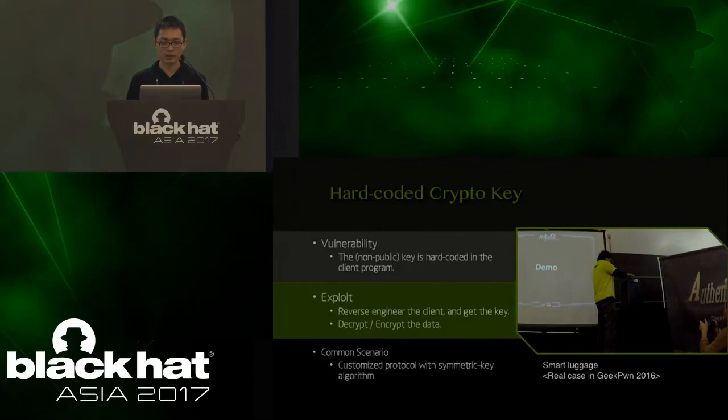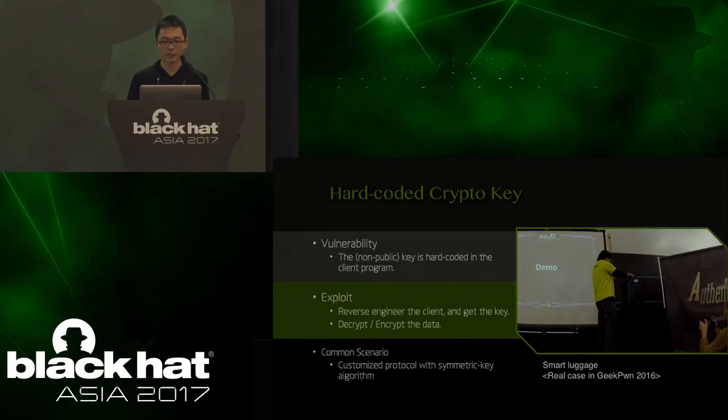Hard-coded crypto key. If the key is hard-coded in the client program, it will be a vulnerability. The attacker can reverse engineer the client's program and get the key. Then the key can be used to decrypt or encrypt data, and the encrypted data can be stolen or manipulated.